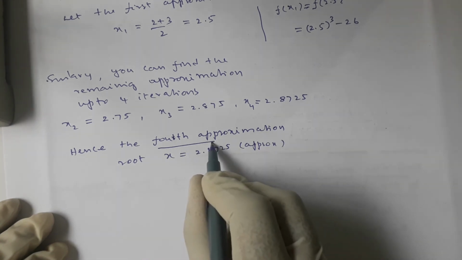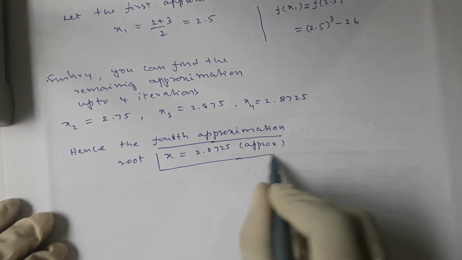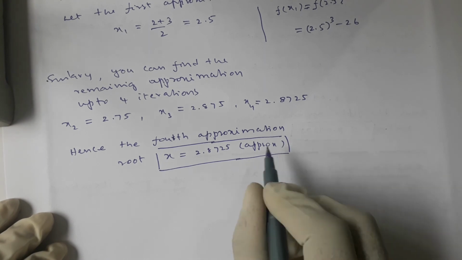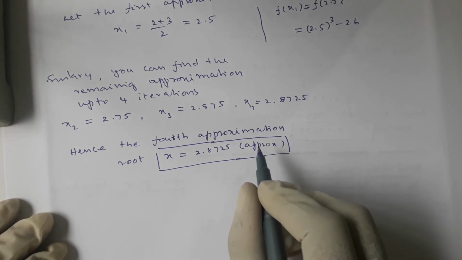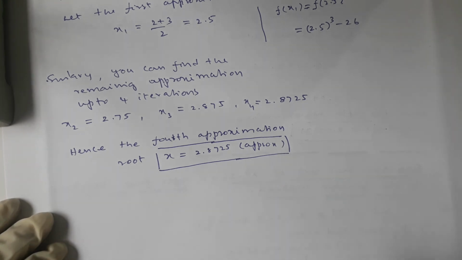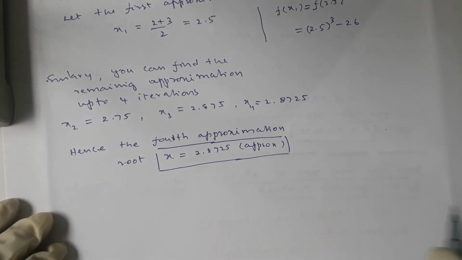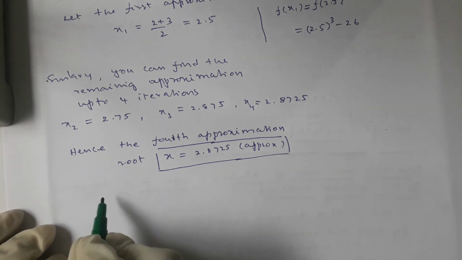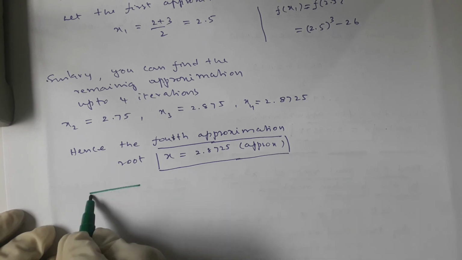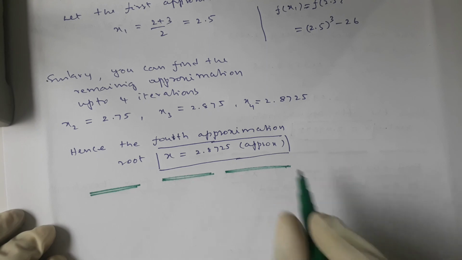Actually 3 is the exact root for 27, whereas for 26 it is 2.8725. Like that we can find the cube root of 26. So thank you very much.